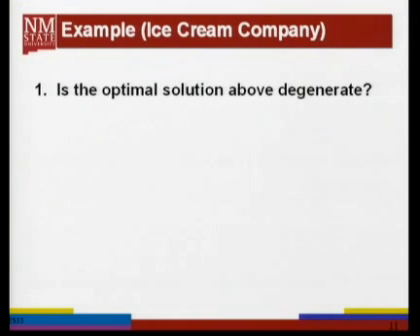I said that if at least one basic variable has a 0 value, then we call it a degenerate solution, right? And when this occurs, the next basis change may not result in an improvement in the objective function value, right? So is our optimal solution degenerate?